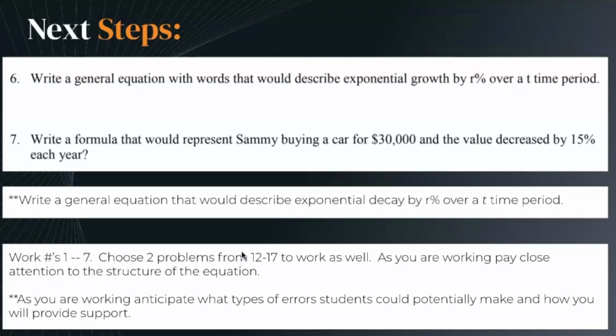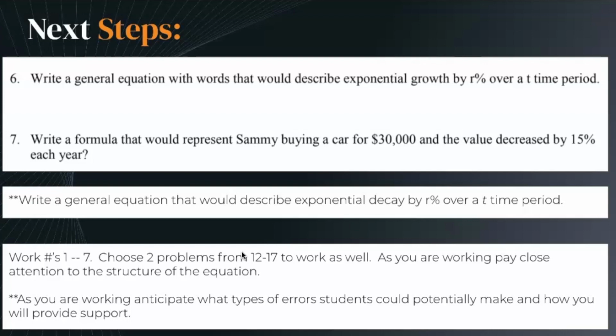On number 7, you're introduced to kind of the opposite, and that's a decrease, so a decay, and the value decreased by 15% each year. So after this, you can have students write a general equation that would describe exponential decay by R% over a t time period.